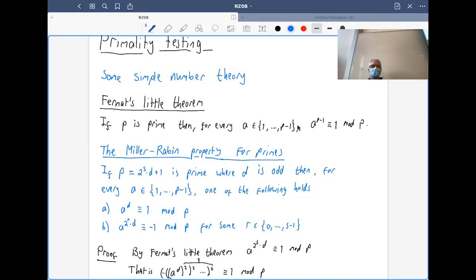And given that, if you consider the subset of powers of A under multiplication, then that forms a subgroup, and therefore, by the standard theorem in group theory, it has an order that divides the order of the group, and this follows.